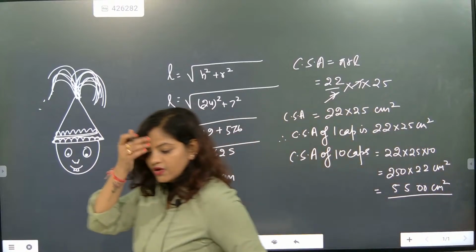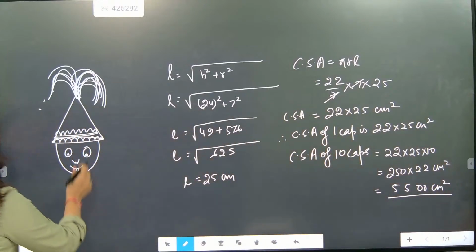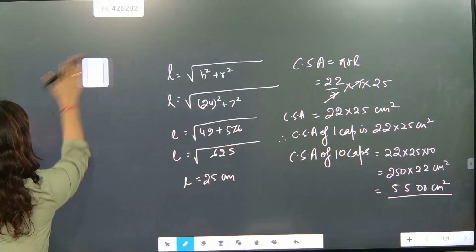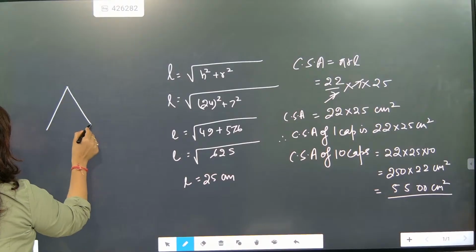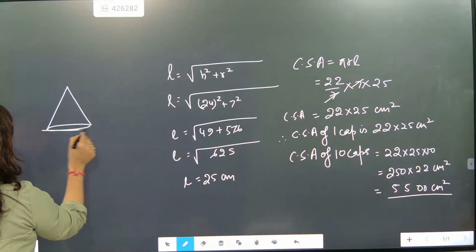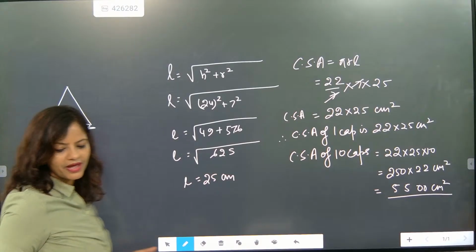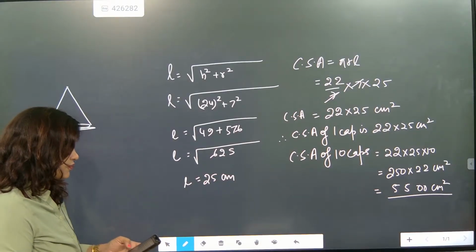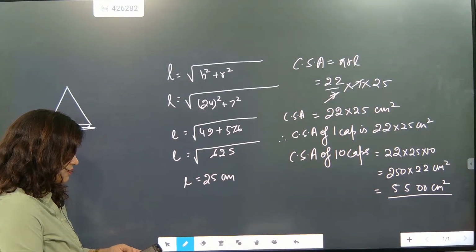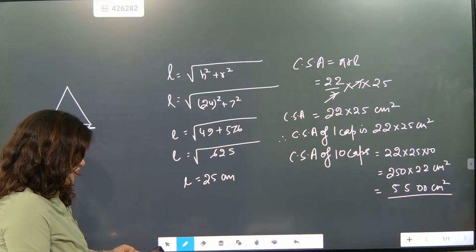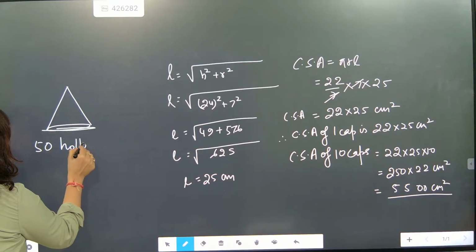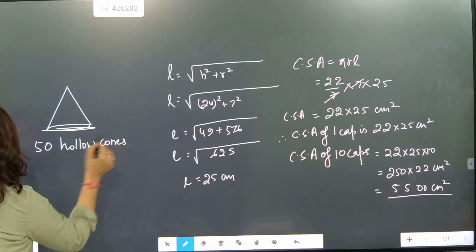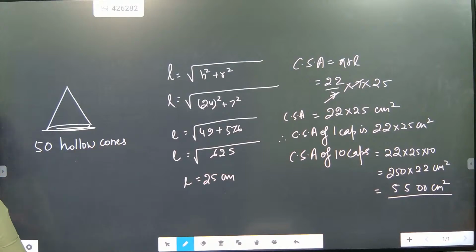Like this type of cones we see at a bus stop, which are exactly stopping or barricading the areas. So 50 hollow cones are there.